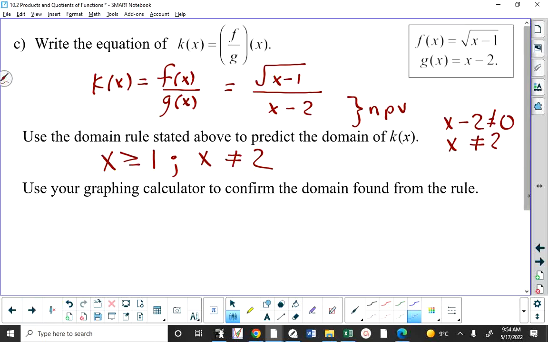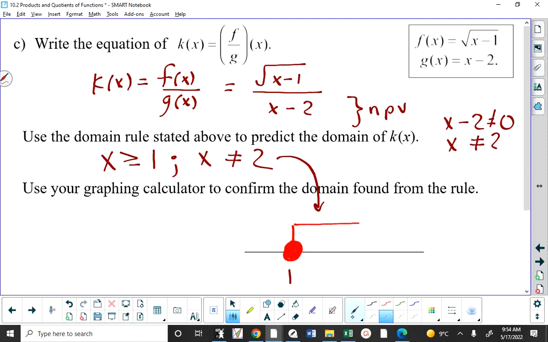So what does this mean? It means if you were to do a number line description of that domain, there's lots of ways you can do this. X is allowed to be 1. It must be greater than 1, but it can't be equal to 2.